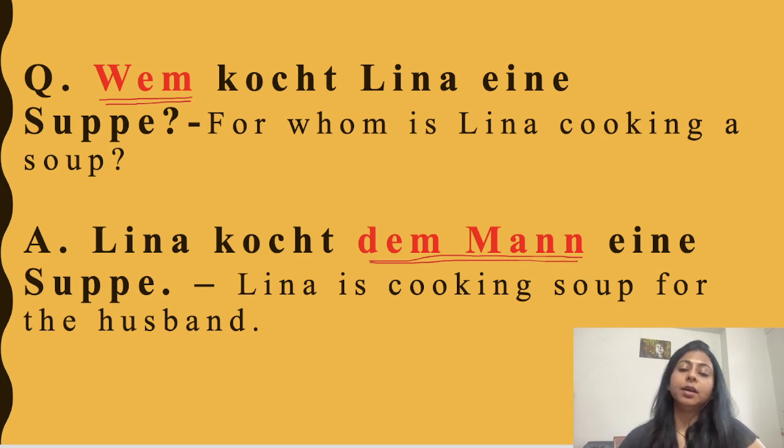What is Lina doing? She is cooking soup. For whom is she cooking the soup? For the husband, dem Mann, which is an indirect dative object here. So the question word used here is wem. Wem is used to ask about a dative object in the sentence.